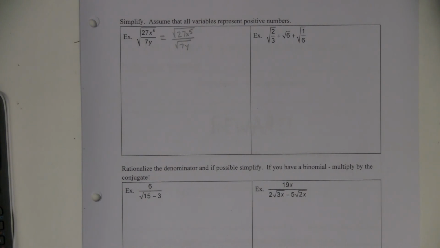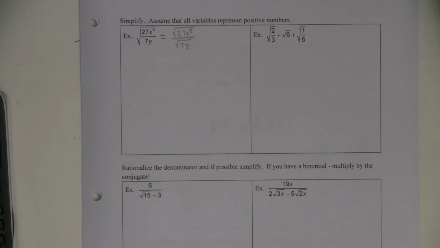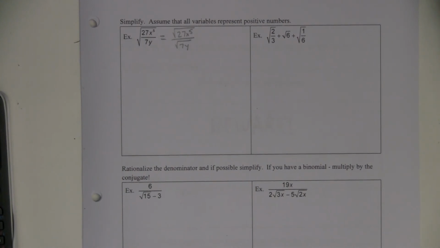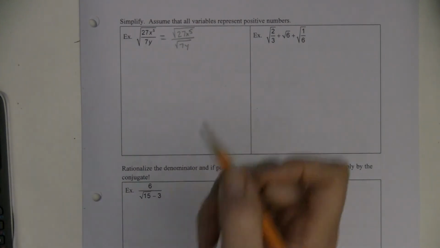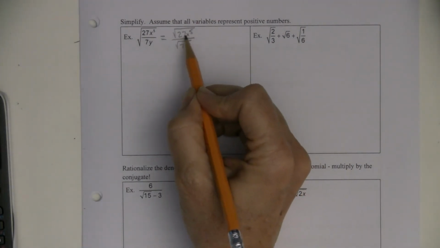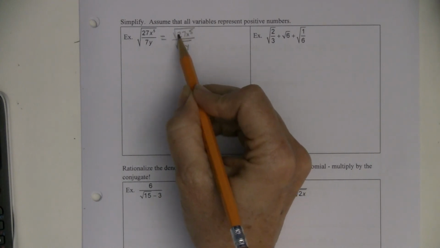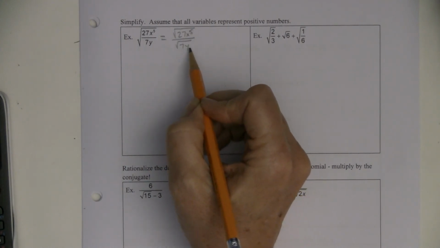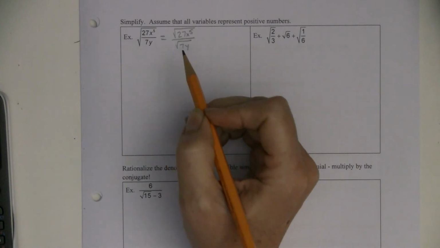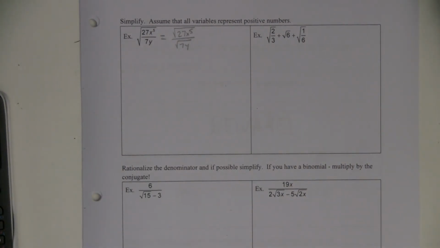In the numerator, you might notice that 27, that's 3 times 3 times 3, will reduce underneath the square root. For every 2 that are the same, one comes out. And same with the x's, 5 of them. You can reduce that too. So whether you choose to reduce the numerator first because you have perfect squares underneath the radical, or if you choose to reduce the denominator because you have the square root in the denominator, that is your choice.